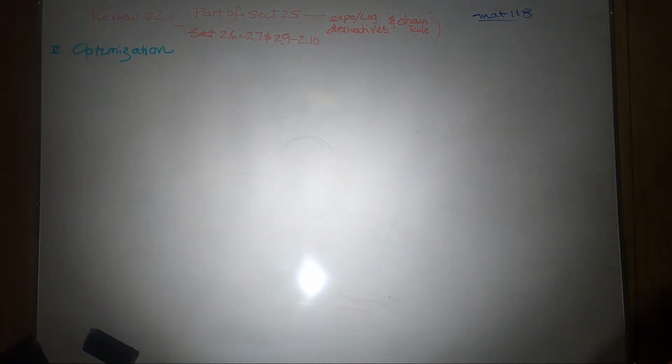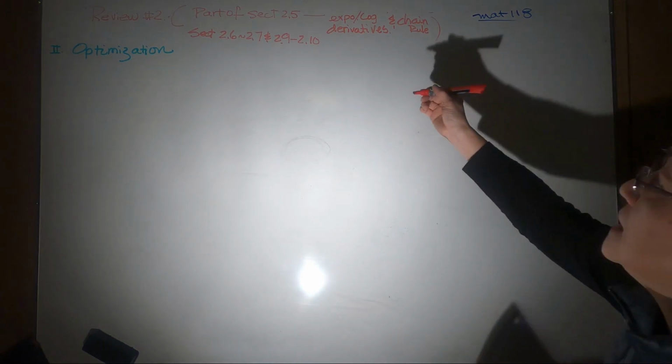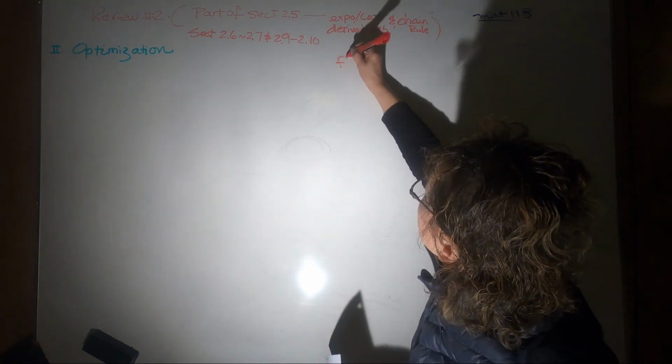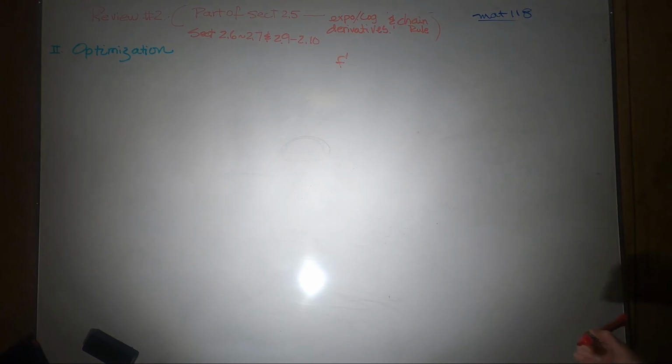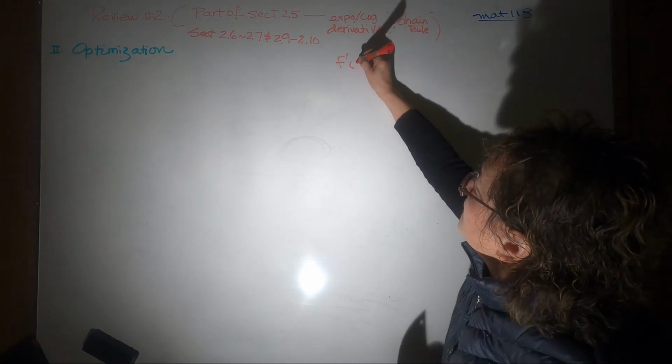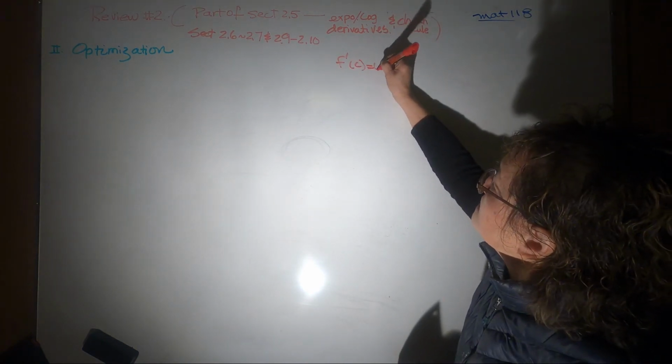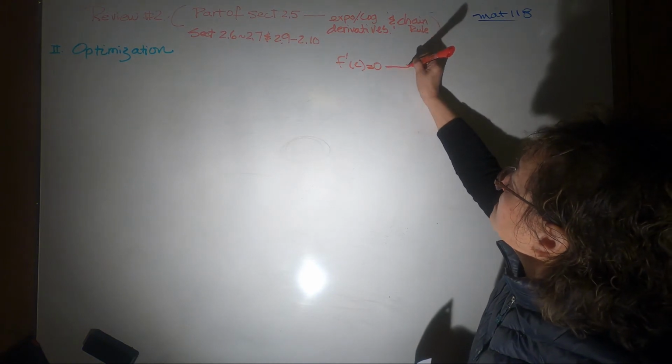So for optimization, we were talking about what? f prime, right? When f prime at a point is 0, that means what?